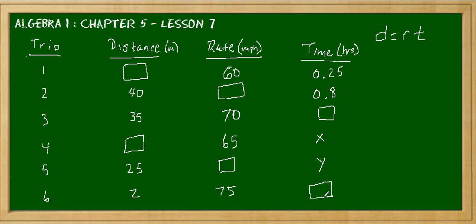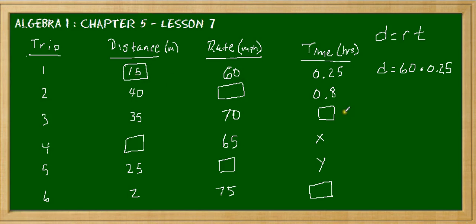So plugging in the values here, well, the distance we do not know, but we do have a rate, and we do have a time. All right, so if we were to do our math, for this particular answer, 60 times 0.25, the answer for the distance would be 15.